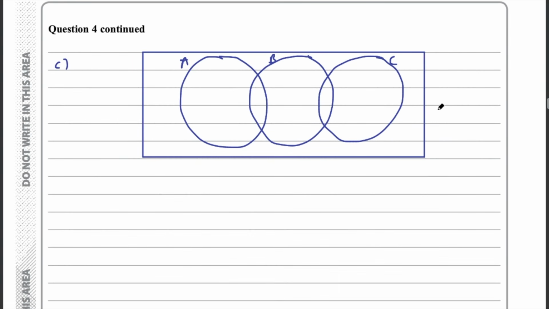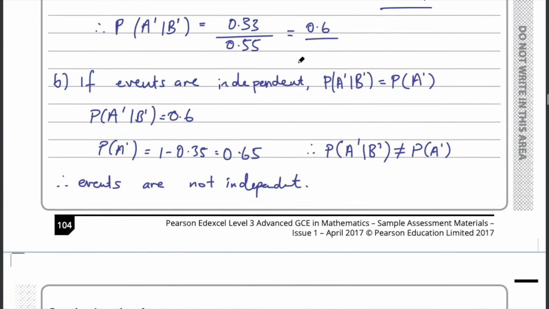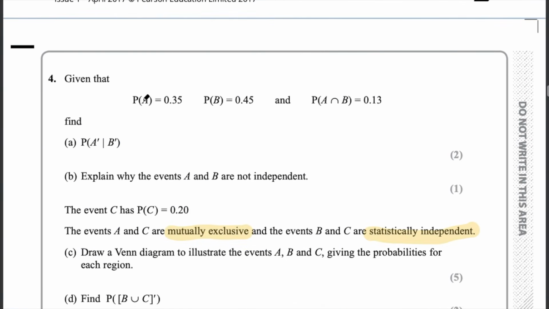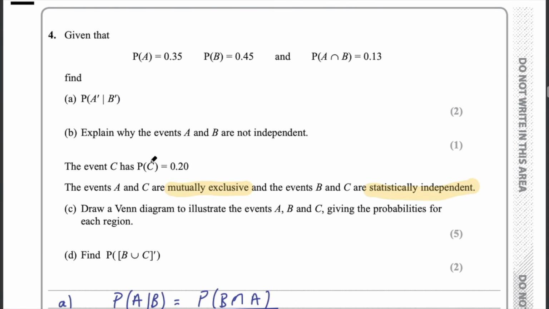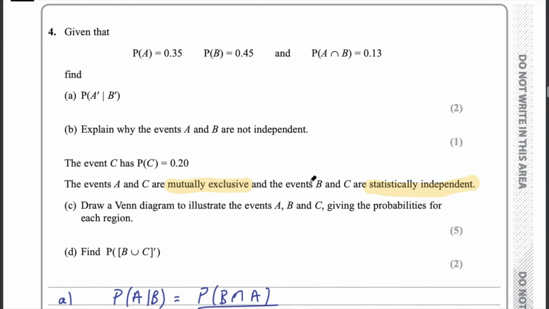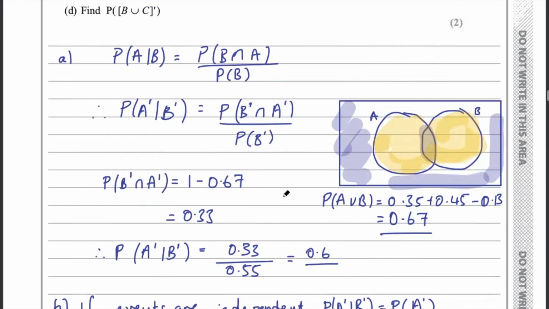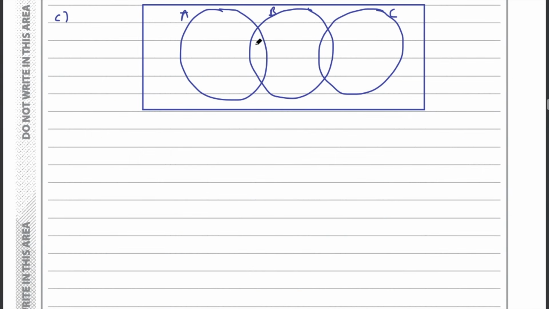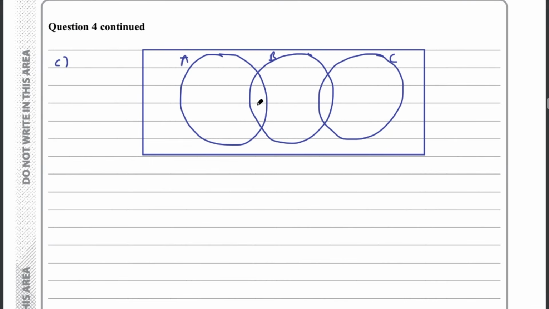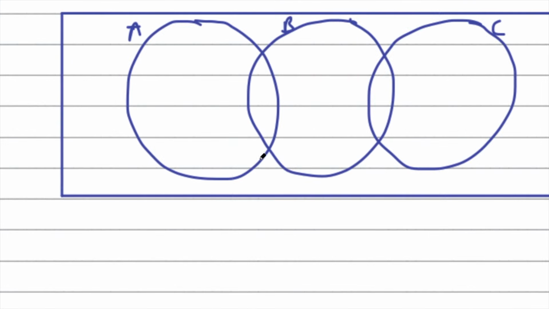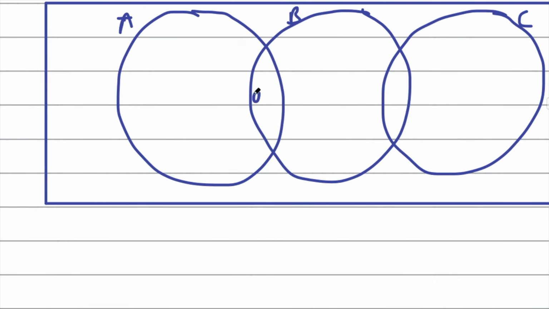And we need to start filling in these probabilities. So we know the probabilities of A and B and C. So A and B were given at the start of the question, C was given for this part. And we know the probability of A intersect B. So that could be the first thing we actually put in. So that intersection is in here. I've done these a little bit small, but that's in here, 0.13, that intersect.